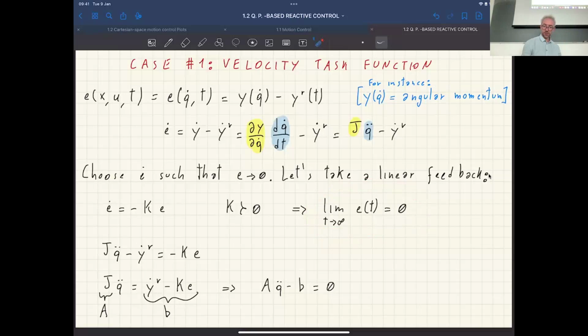So putting these two together, we take the expression for E dot, we take the value that we want E dot to take, and we get this expression here. That's the equality constraint that we would like to impose. But instead of imposing it as a constraint, we impose it as a cost function.